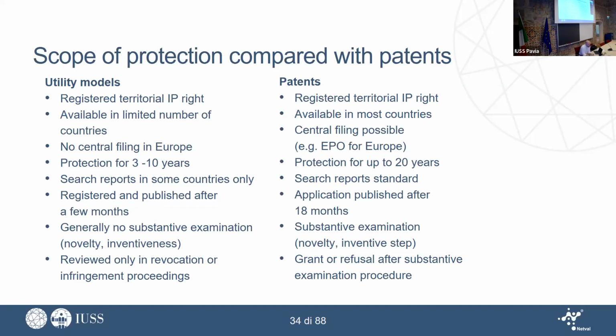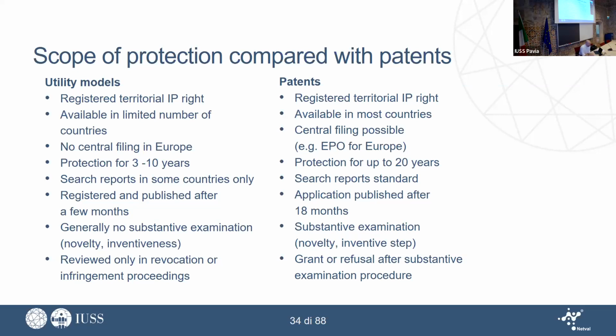So utility models and patents are both registered territorial rights, offering protection for technical invention, but in contrast to patents, utility models are only available in certain countries, must be filed individually in each country, and offer protection for 3 to 10 years, while the patents, of course, for 20 years.